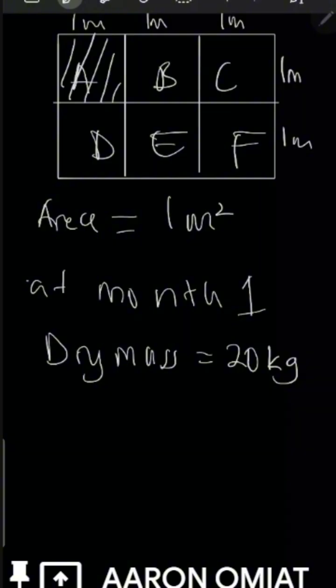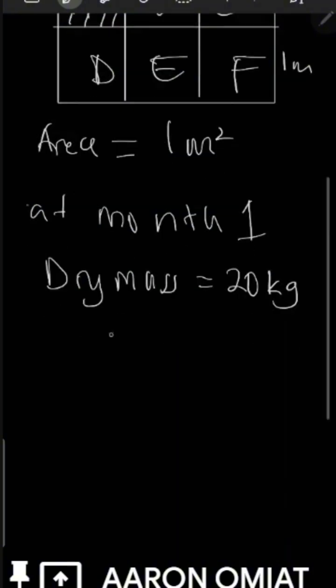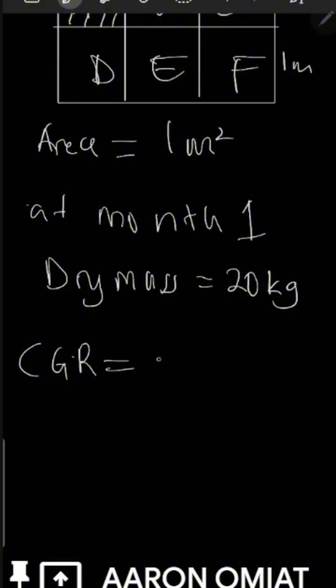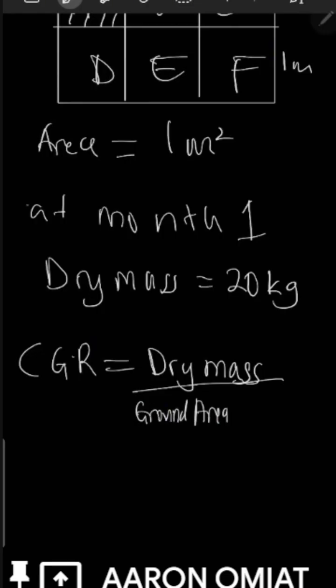After 1 month, 20 kilograms. That means our CGR, crop growth rate, which is dry mass divided by ground area per period.